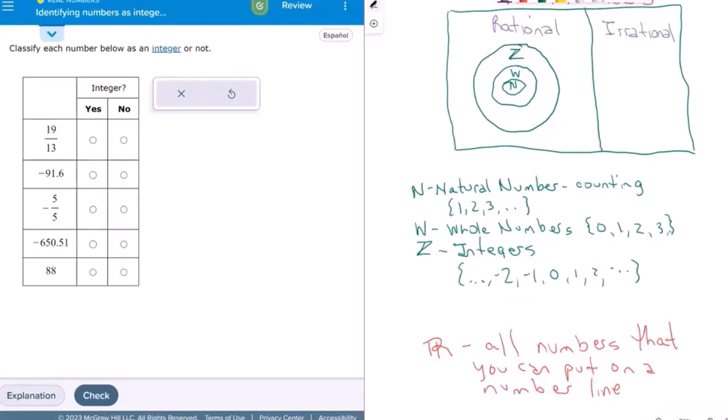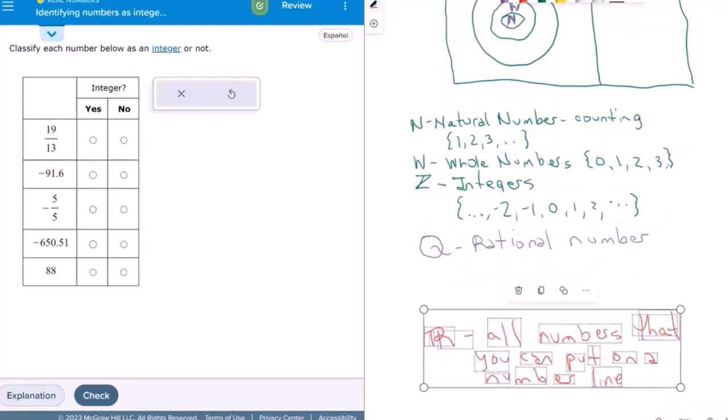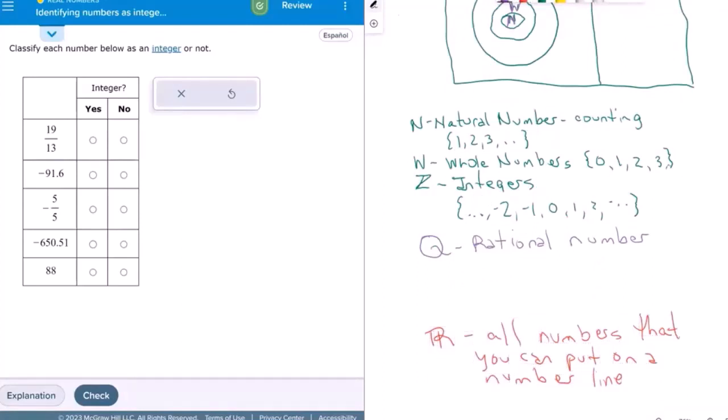Rational numbers have a symbol you may see, like a Q. Rational numbers are any number that can be represented as a fraction.